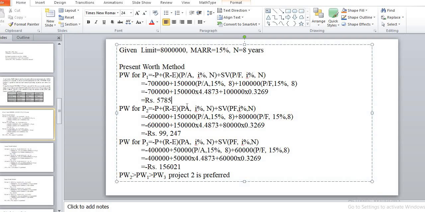Here some term or some value is missing, so by calculating this we will get this particular value.